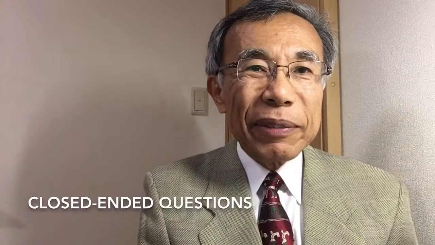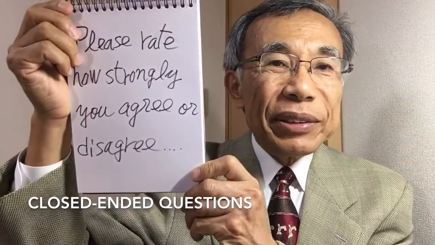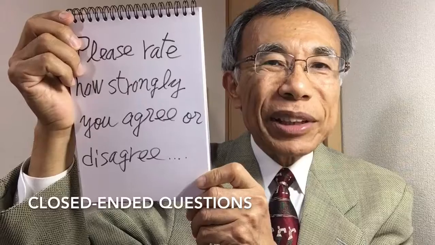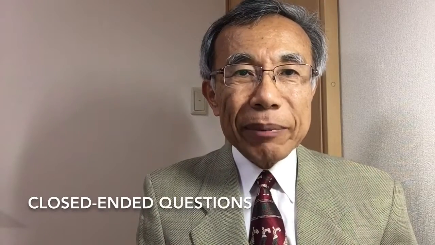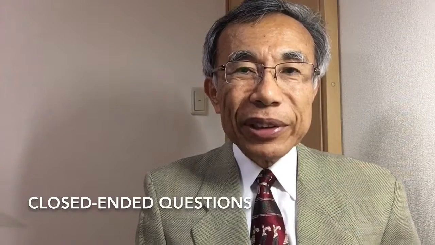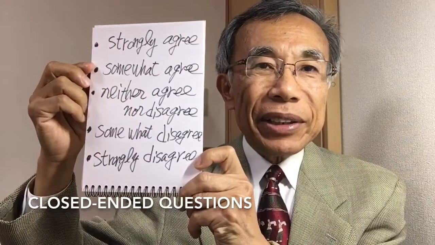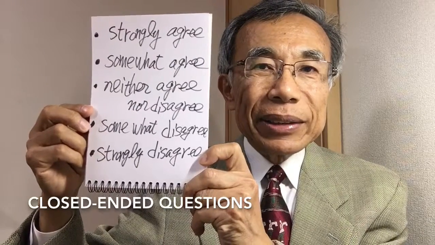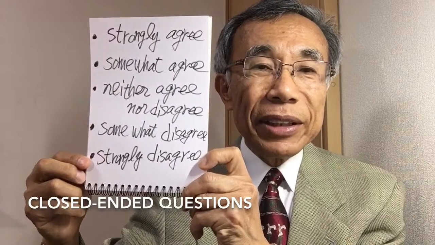An example of a close-ended survey question would be, please rate how strongly you agree or disagree with the following statement. For example, I feel good about my work on the job. Do you strongly agree, somewhat agree, neither agree nor disagree, somewhat disagree, or strongly disagree?